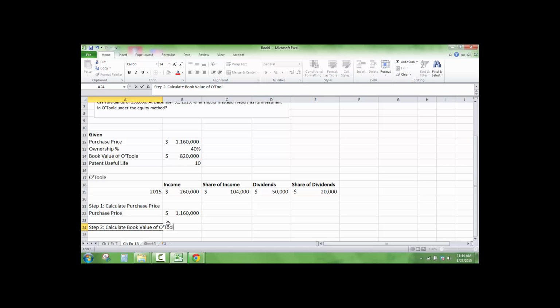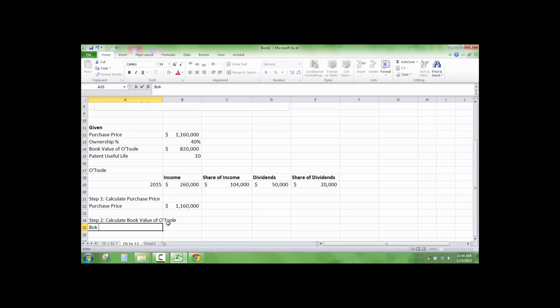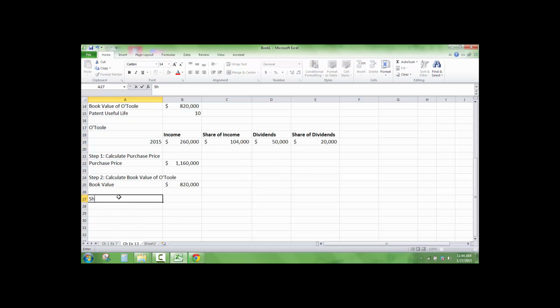We don't have to calculate this time. Book value equals 820,000. Share of book value equals ownership times book value.